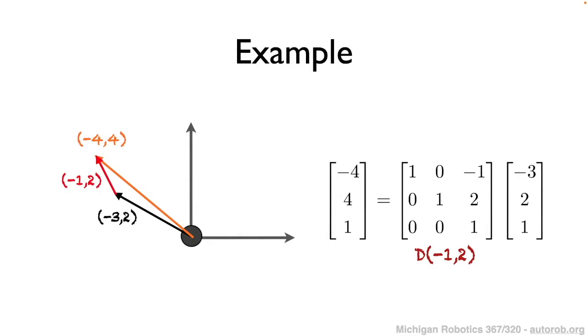This particular transformation matrix is shown on this slide, where we've inserted our translation in x and our translation in y within that third column of the matrix. And so if you work out what the translation of this -3, 2 point would be, you'll find that it is -4, 4 in the output.